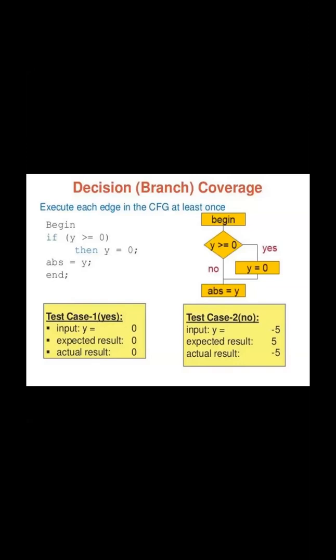In test case 1, for the yes condition, if the input y is 0, then the expected result is 0 and the actual result is also 0. In test case 2, the no condition, the input y is -5, the expected result is 5 and the actual result is -5. So the expected result and actual result are mismatching, which means there is some hidden error in the logic.